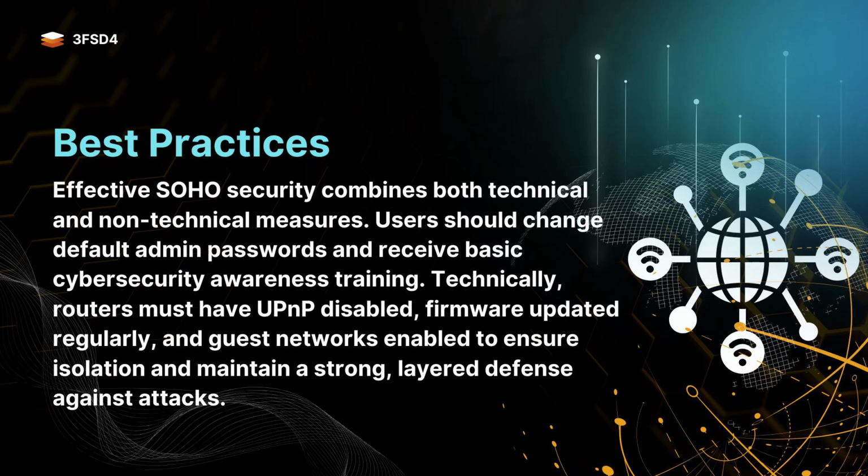Users should change default admin passwords and receive basic cybersecurity awareness training. Technically, the router must have UPnP disabled, firmware updated regularly, and guest network enabled to ensure isolation and maintain a strong layered defense against attack.